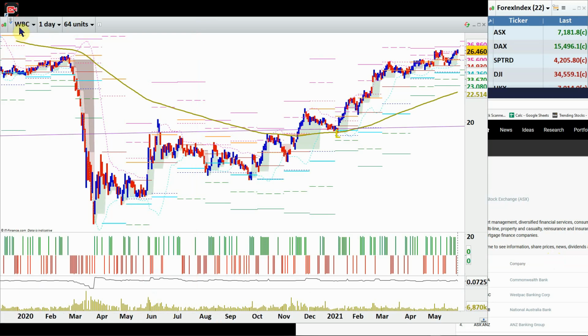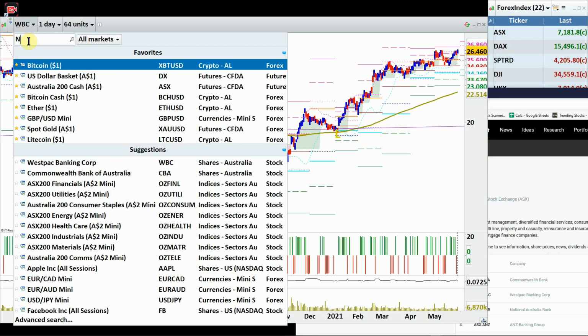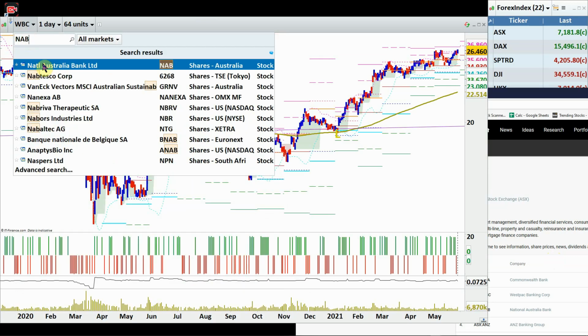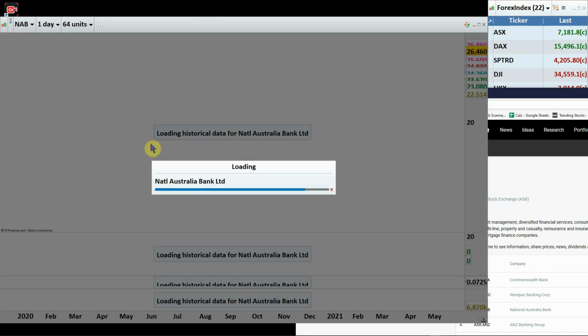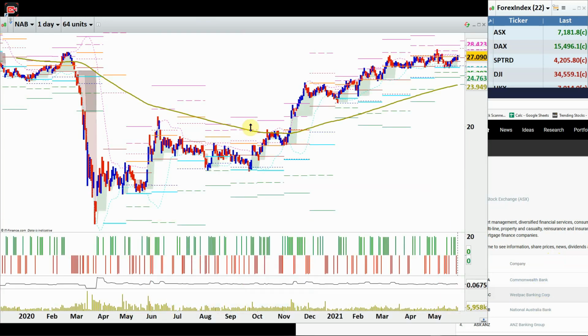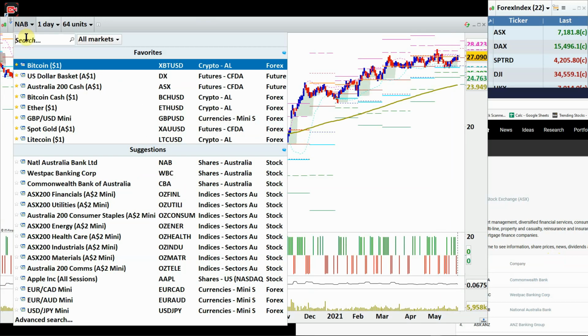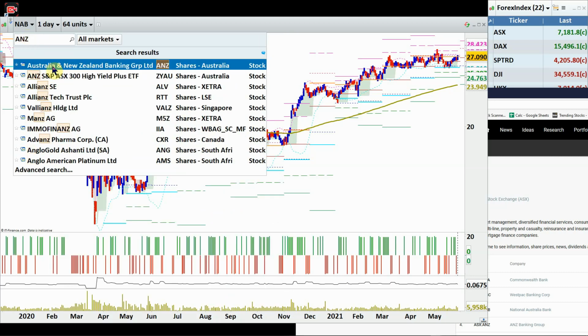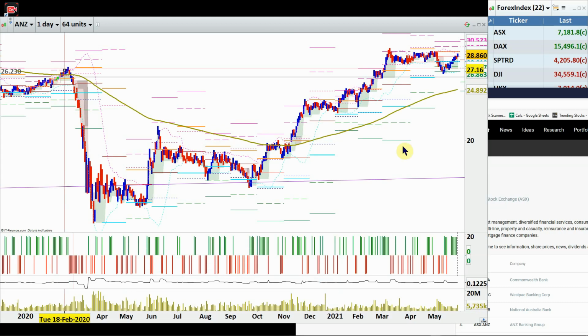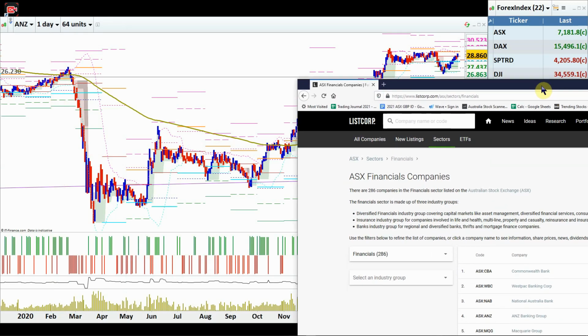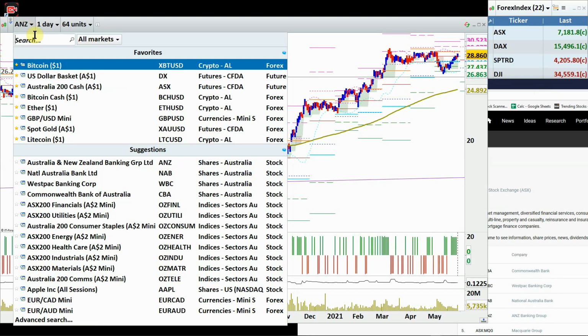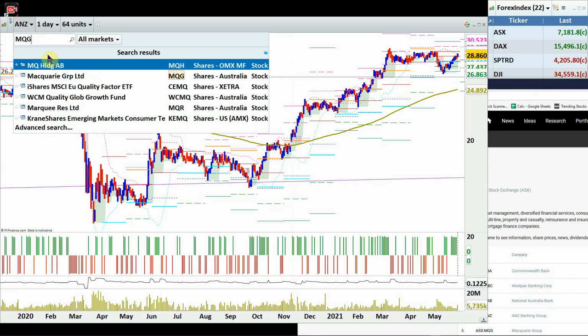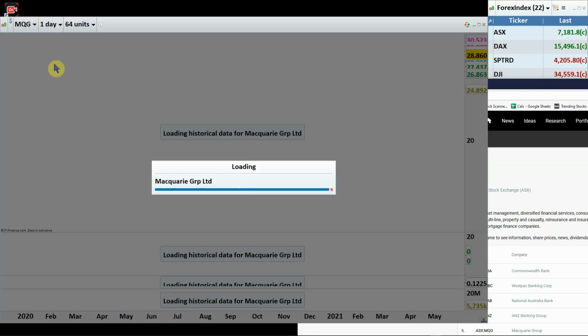And then NAB, National Australia Bank. Not bad. Then ANZ. They'll all be the same, not bad. The last one, Macquarie, crazy. So out of these five, how do I select the one or two?